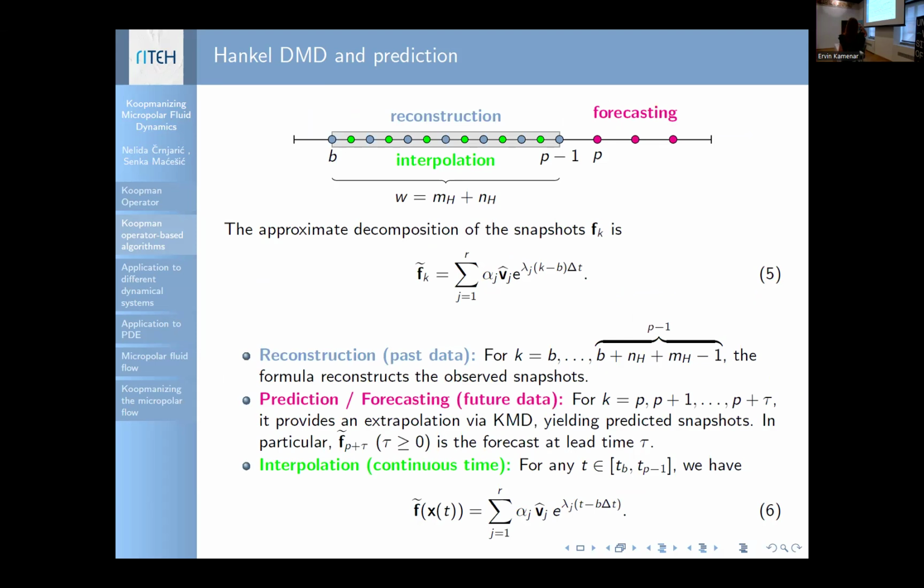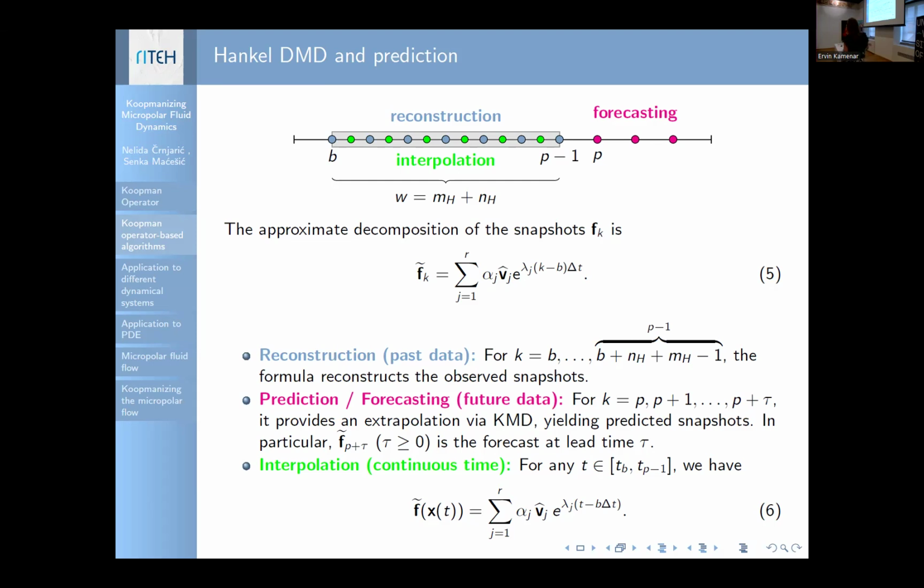Due to the previously described spatiotemporal discretization, by using expression 5 we can obtain reconstruction. This data can be used for reconstruction, forecasting, and also for interpolation. If in expression 5 we take indices k from the active window, we obtain reconstruction of these snapshots.